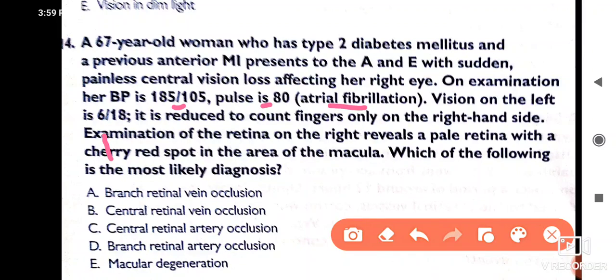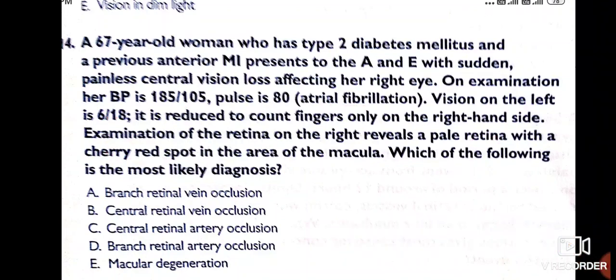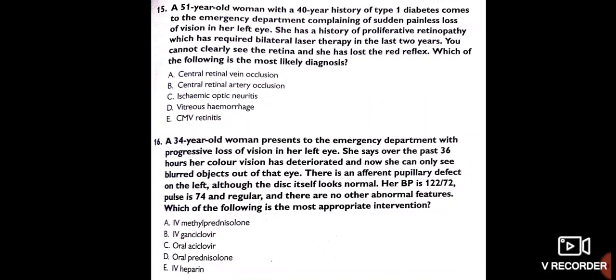Vision on the left is 6/18, reduced to counting fingers only on the right-hand side. Examination of the retina on the right reveals a pale retina with a cherry red spot in the area of the macula. Which of the following is the most likely diagnosis? The diagnosis here is central retinal artery occlusion. Let's discuss both answers later.